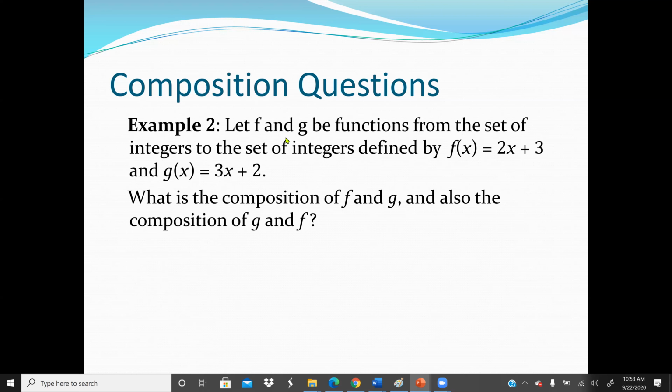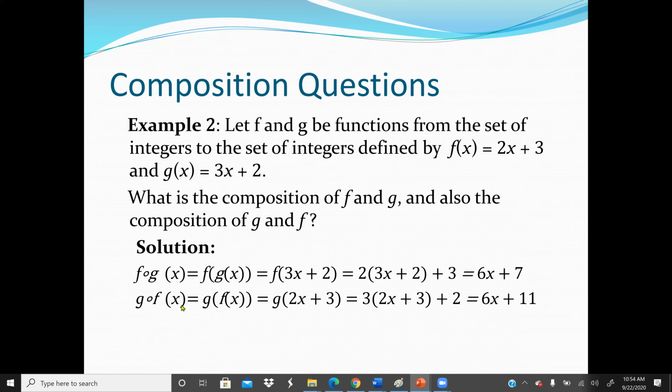So another example, let F and G be functions from the set of integers to the set of integers defined by F at x equal to 2x plus 3, G at x is 3x plus 2.